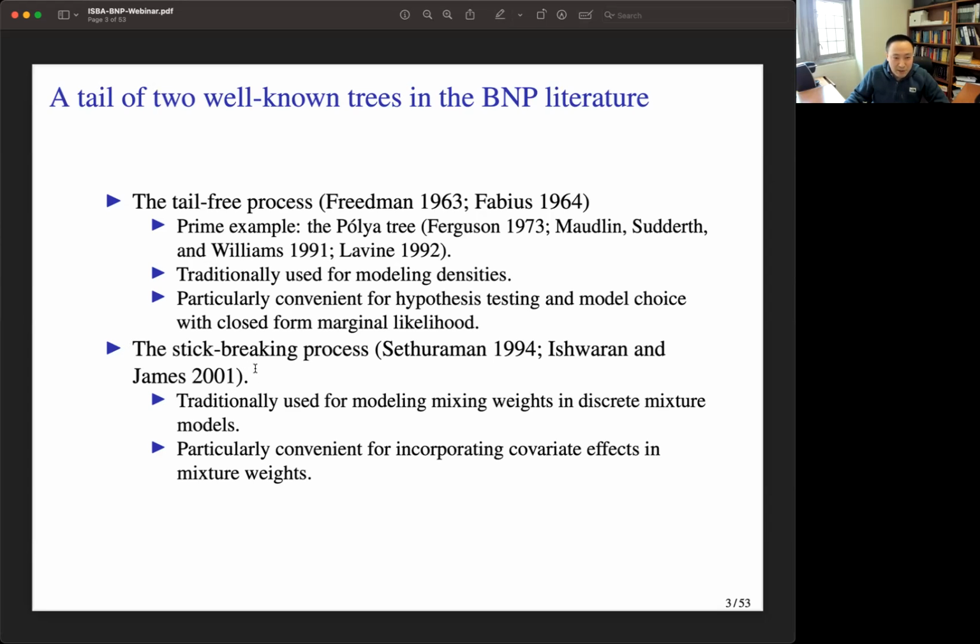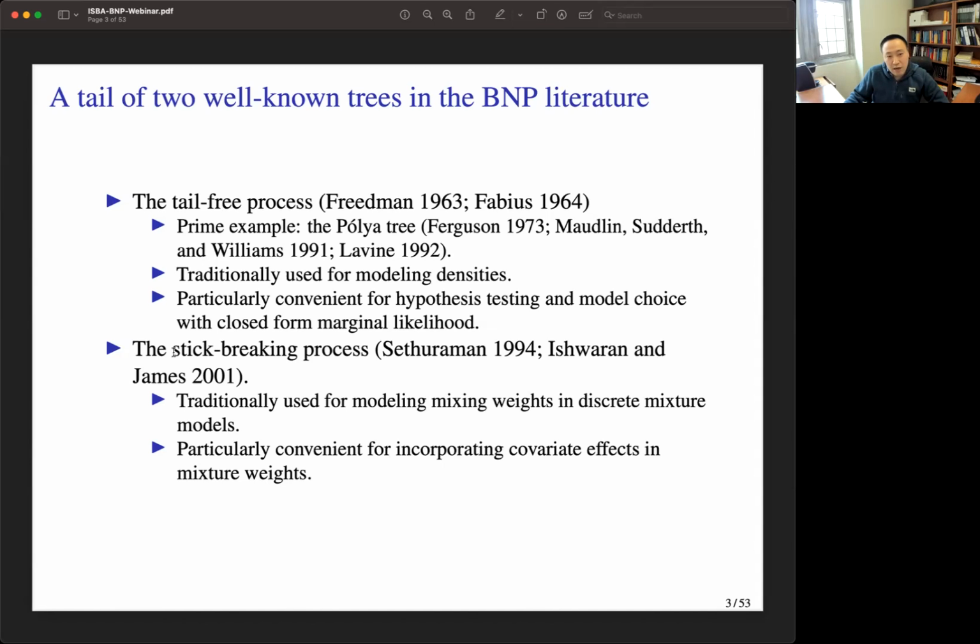Another type of process I'm going to talk about is often used in mixture modeling, discrete random mixtures, and they are called stick-breaking processes. People in this community are very familiar with these, although they are not very frequently associated with trees. But I will show in my talk that these two types of models really share a lot of structure.